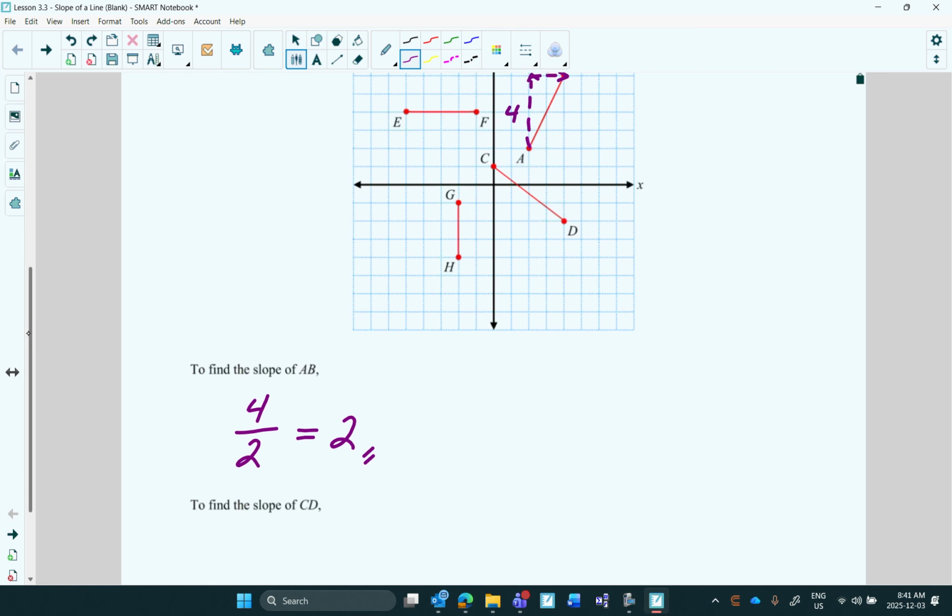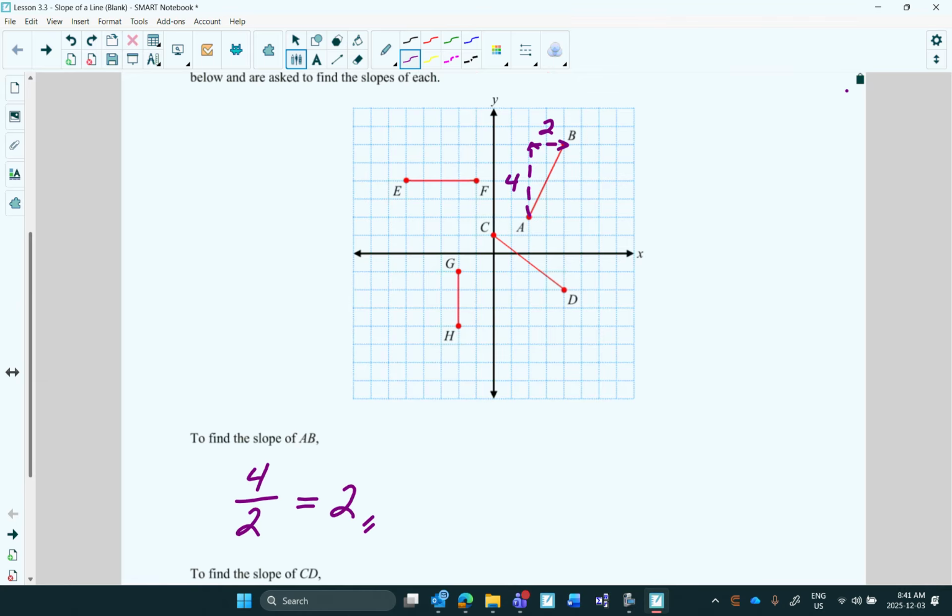It doesn't matter which point you start at and count to the other point. Like we started with A and counted vertically and horizontally to B. If you did it the other way around, like if we went from B to A, how much do I move vertically? Well, I went down 4.